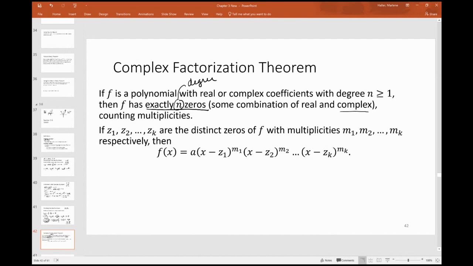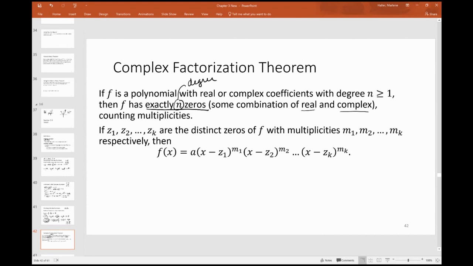Think about an upward-facing parabola that sits above the horizontal axis. That one has no real zeros, only complex. So whatever the degree of that polynomial is, there will be that many zeros. They will be a combination of real and or complex zeros.